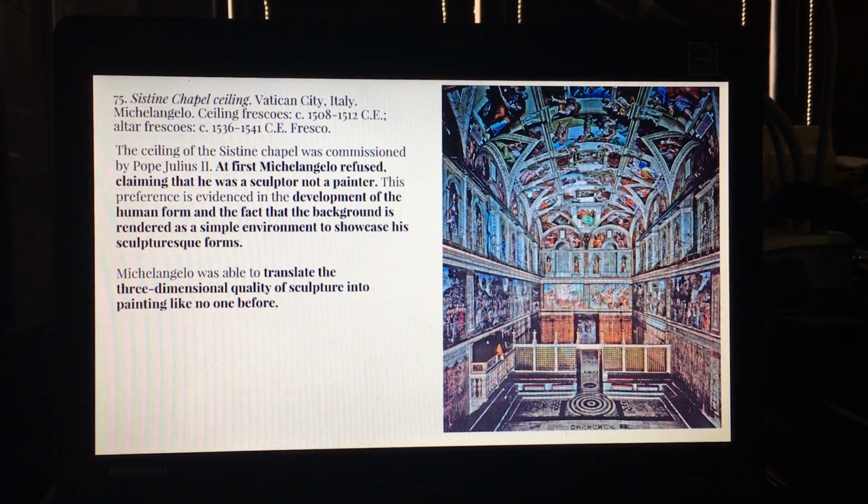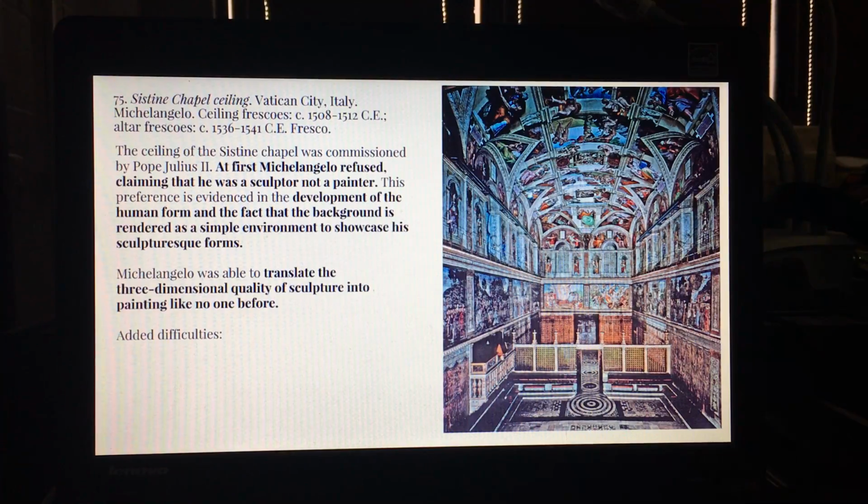We've been focusing on linear perspective with respect to getting that 3D out in the 2D format, but it's really his construction of the body that we're interested in here, because we'll notice that the backgrounds to his paintings on the ceiling, the fresco on the ceiling, are not much. They really don't show much linear perspective, if any at all, but that's not what we're interested in here. We're interested in the depiction of the body.